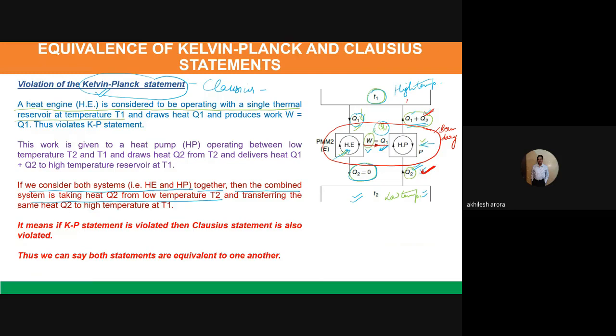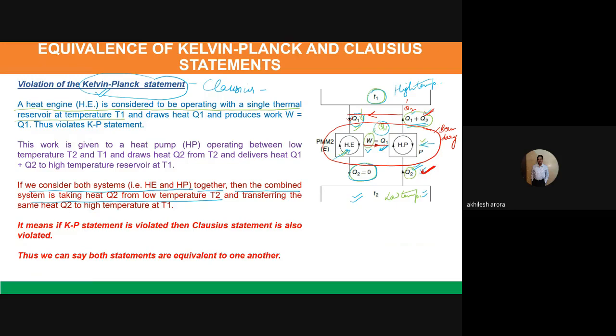And then we are taking out heat Q1 from this high temperature reservoir. So in effect, Q1 amount of heat is taken directly from here, and only Q2 amount of heat goes continuously to the high temperature reservoir.